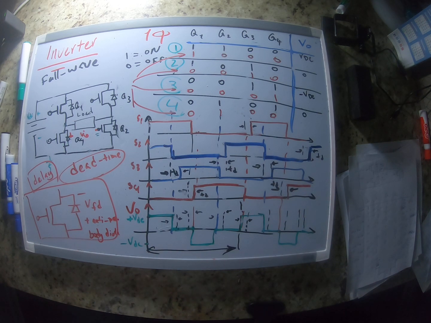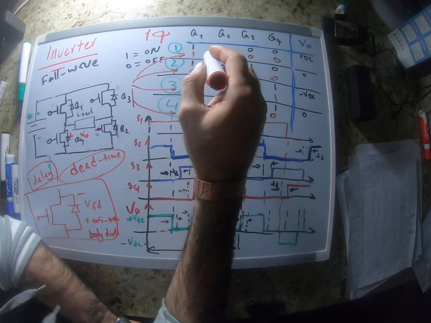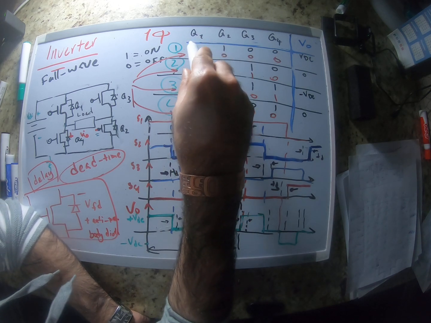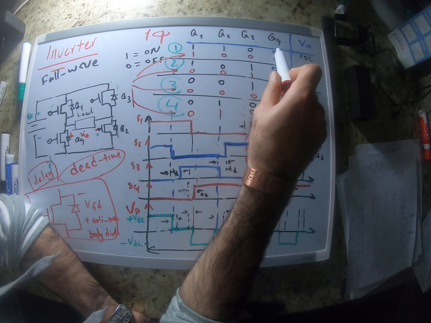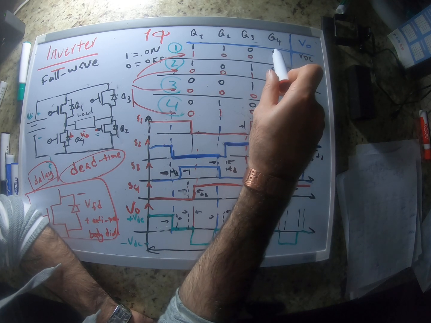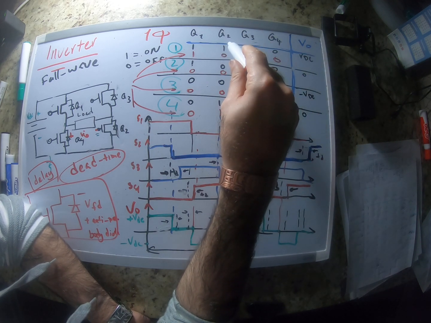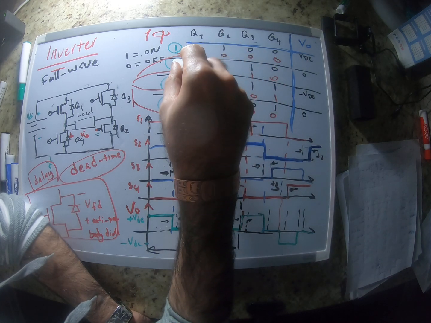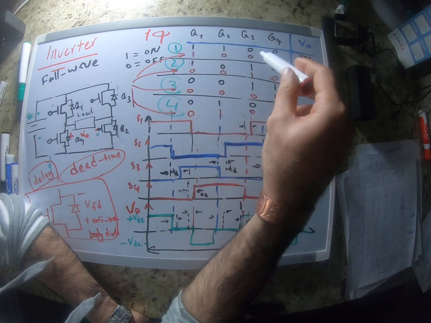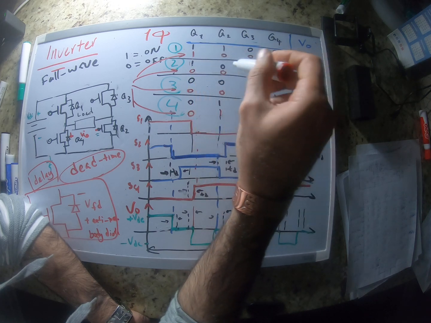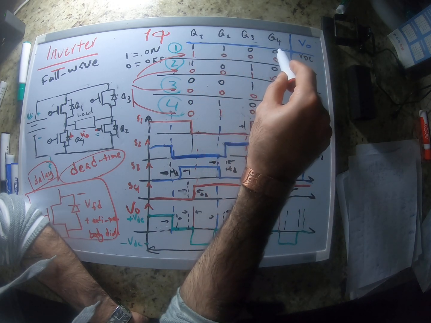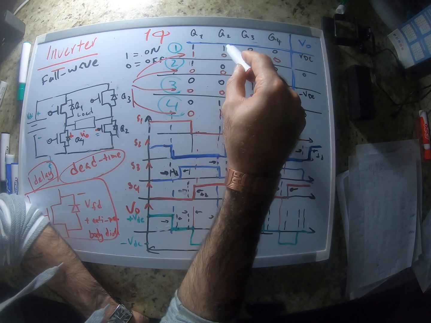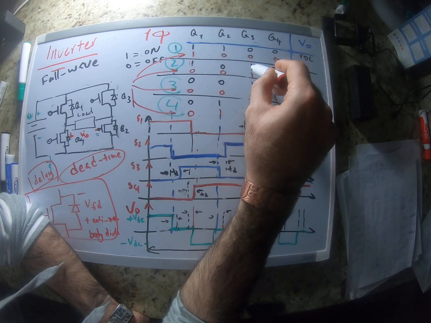Let's look at the first one. In this first state, we had 1 on, 2 on, 3 off, and 4 off. What is the next state? 1 and 4 stay the same as before, but we wanted to turn 2 off and then 3 on.